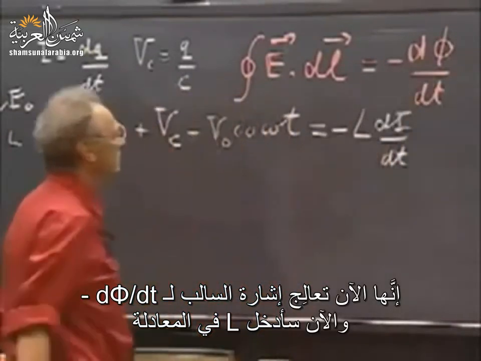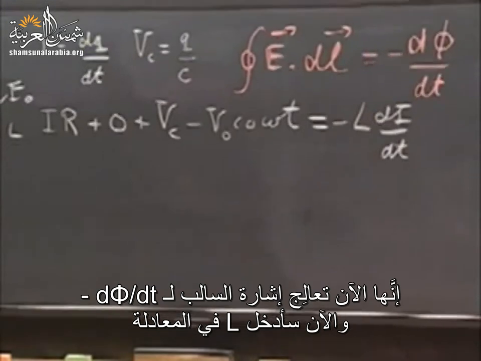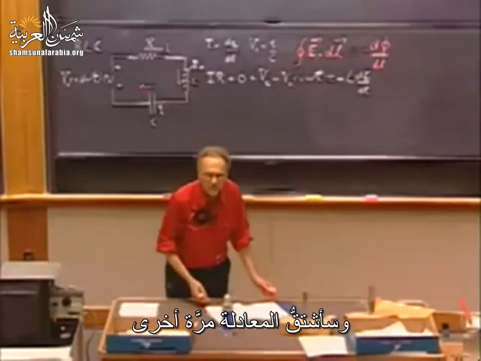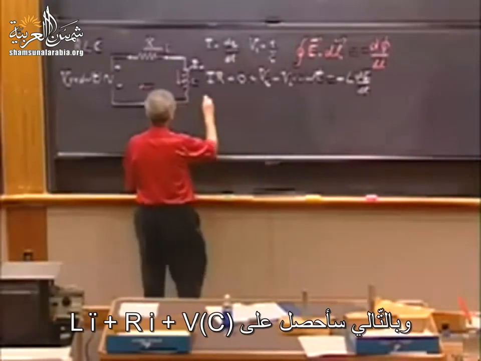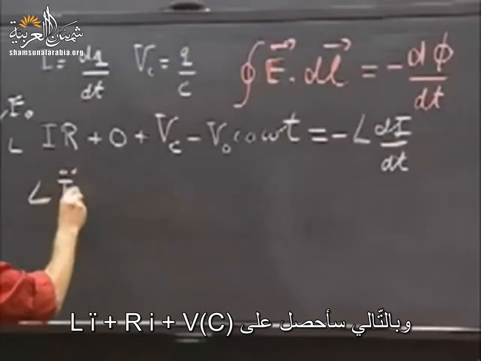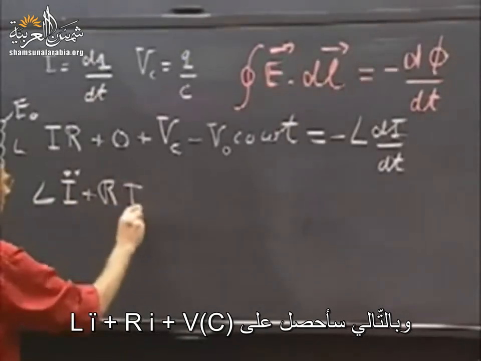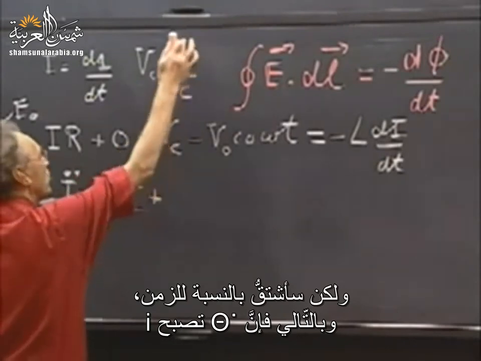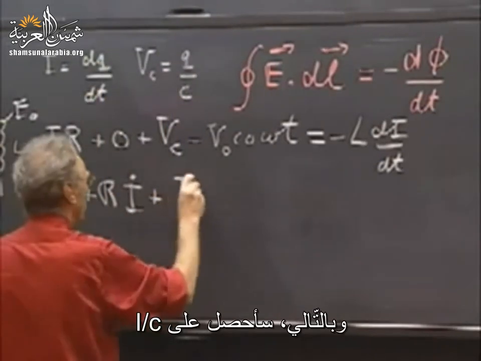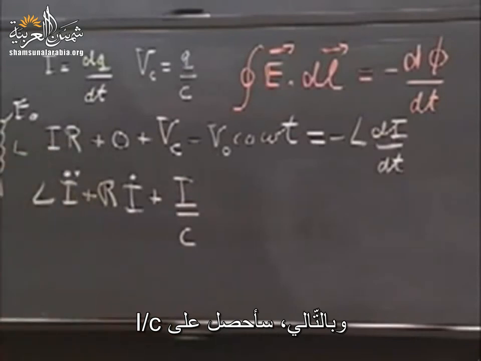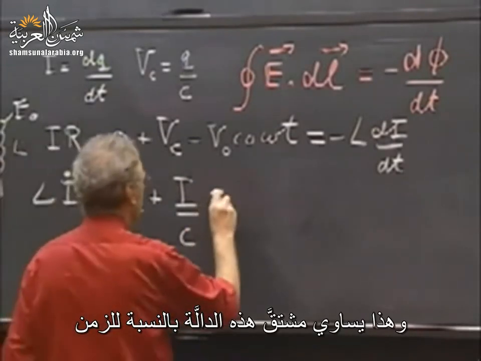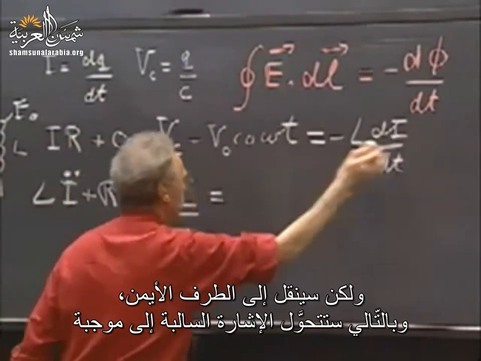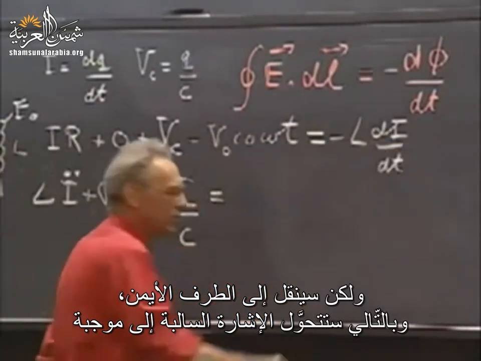This now covers the minus d phi/dt. So now what I do, I bring the L in, and I take one more time derivative. And so I get L times I double dot plus R times I dot plus VC, but I take the time derivative, so the Q dot becomes I. So I get I divided by C. And that now becomes the time derivative of this function, but it goes to the right side, which makes the minus sign a plus.